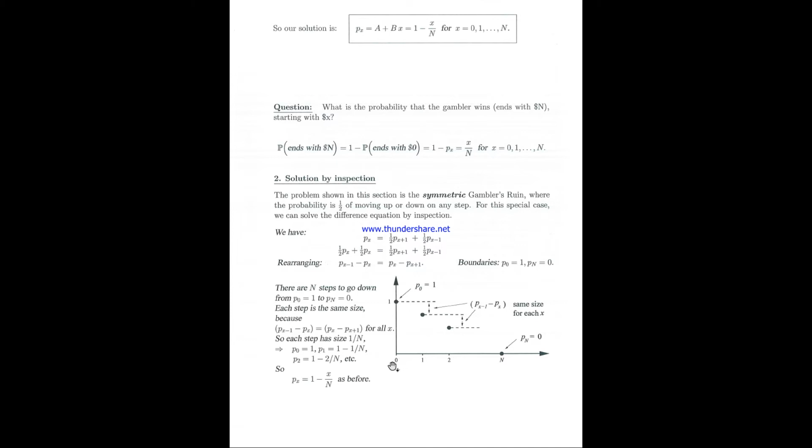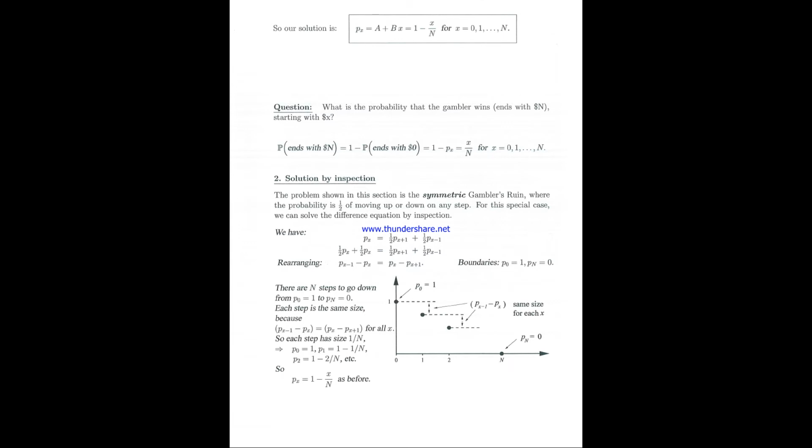We know when you have 0 amount in your hand, the gambler's ruin is equal to 1. And when you have capital N amount in your hand, gambler's ruin is equal to 0. So between these two conditions you have several steps, right?